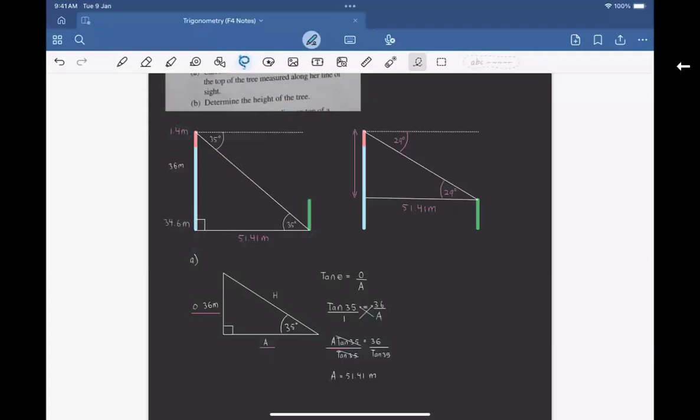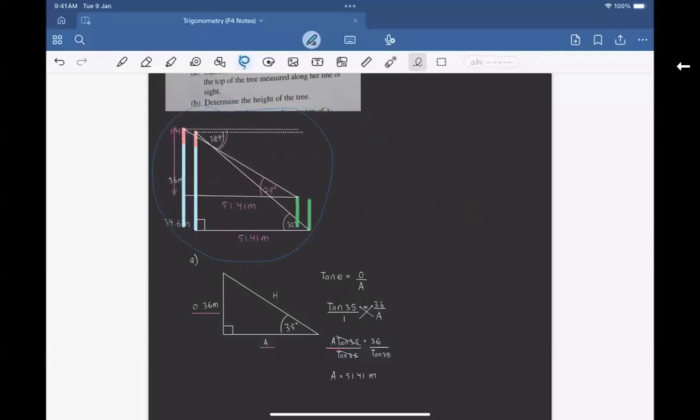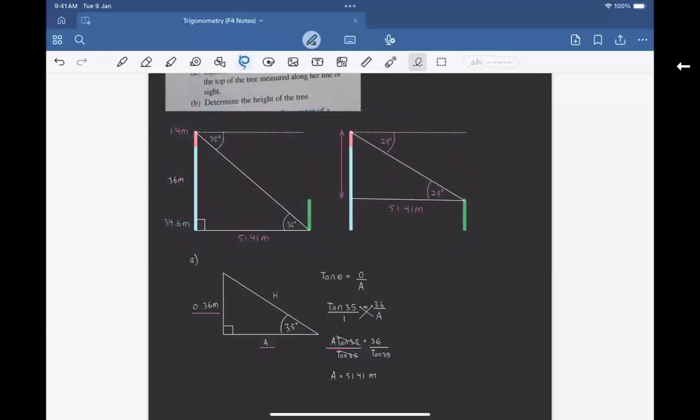The total height of the building and the lady. Oh, 36, right. So if we find the height of the woman to the top of the tree, we can subtract that from the 36 to find the remaining portion, which is the length of the tree. Watch. Didn't catch that? One more time.